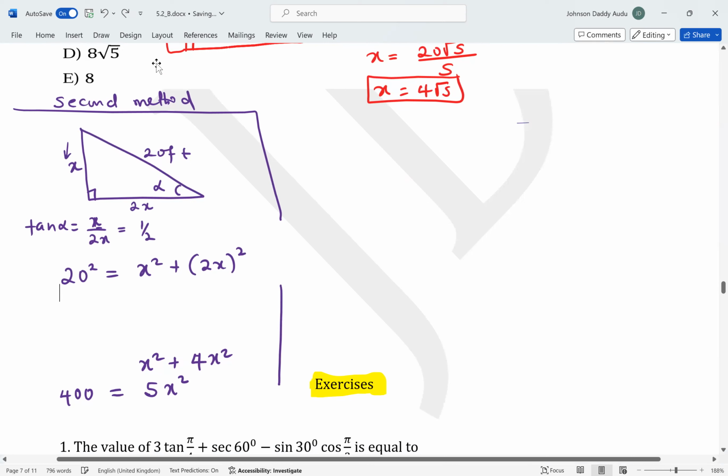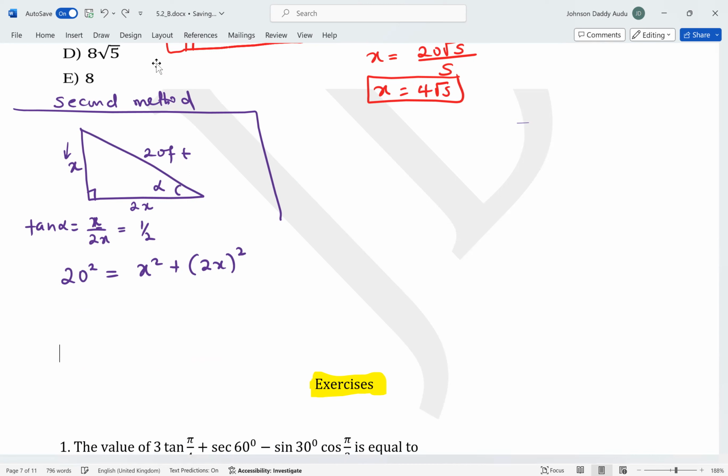If you divide both sides by 5, what are we going to get?